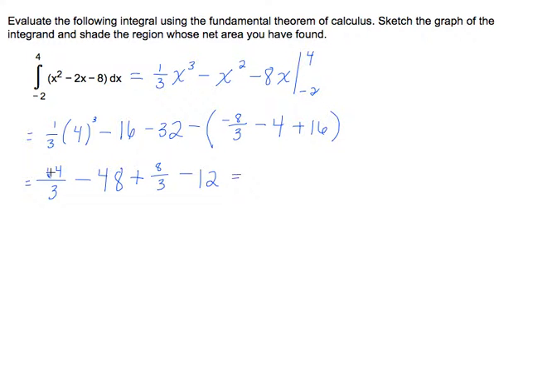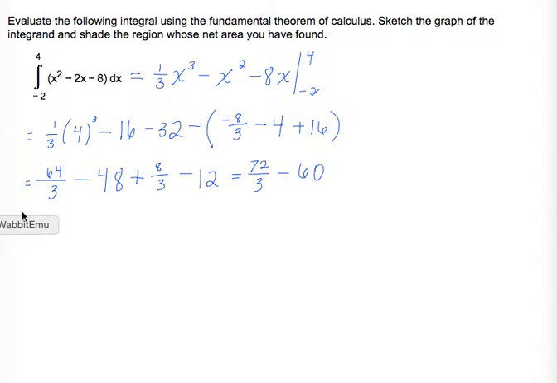Okay, we're getting closer. Let's combine the two that are thirds. So 64 plus 8 in the numerator is going to be 72 thirds, which should be a whole number. -48 minus 12 is minus 60.